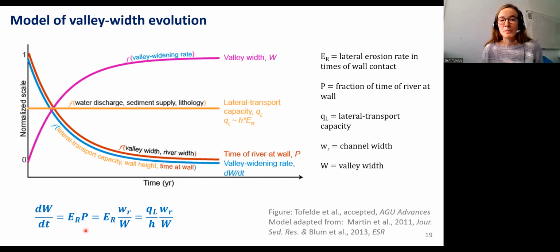The probability, or the fraction of time that the river touches the wall, as suggested by Hancock and Anderson, can be described by the ratio of the width of the channel itself to the width of the whole valley. And the lateral erosion rate is then the ratio of the total lateral transport capacity, so the total amount of sediment that can be removed laterally, divided by the height of the wall.